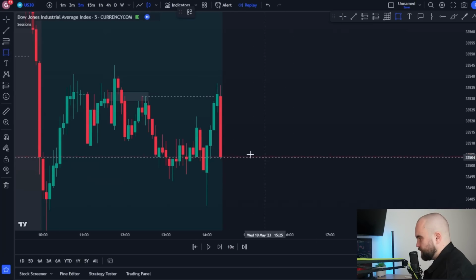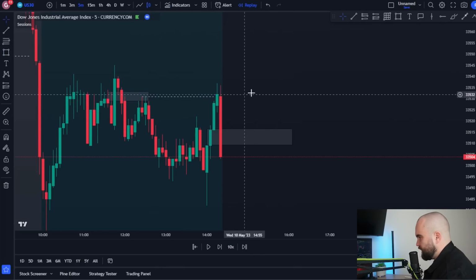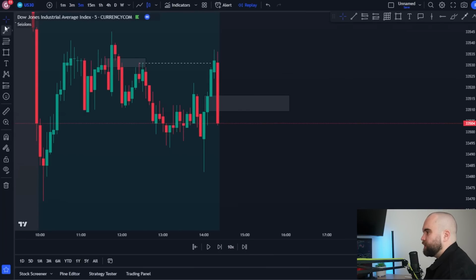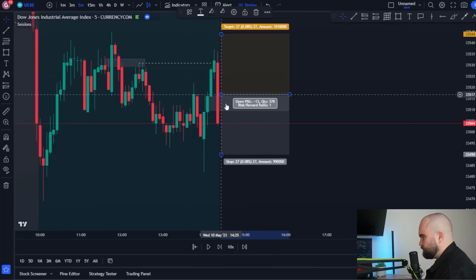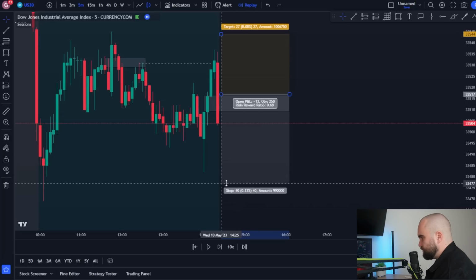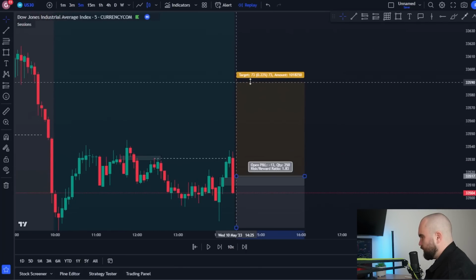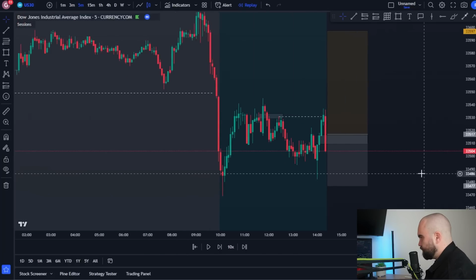Okay, so here is the gap. On the extremity we had the break. Okay, and now we would be entering long. Our stop's just below with an extra 5 pips for breathing room. Okay, and a 1 to 2 risk reward ratio.